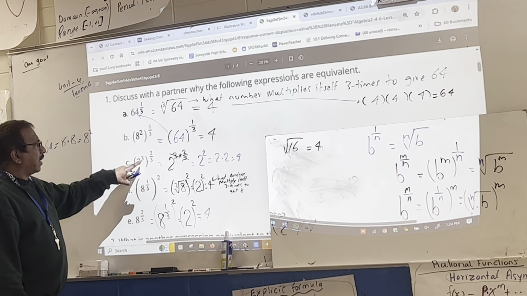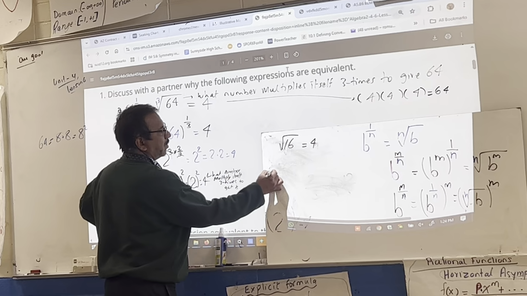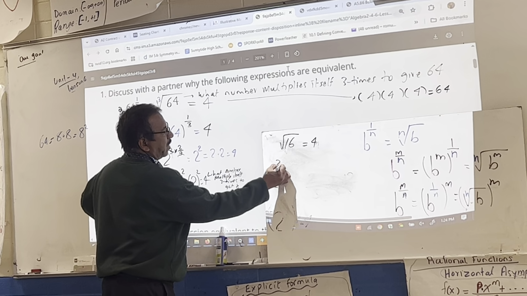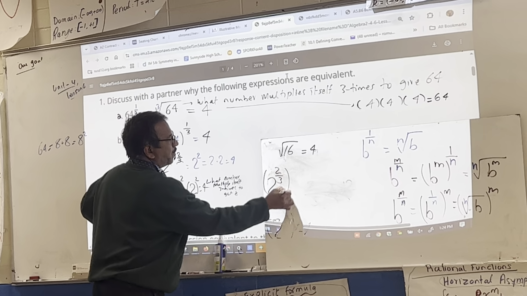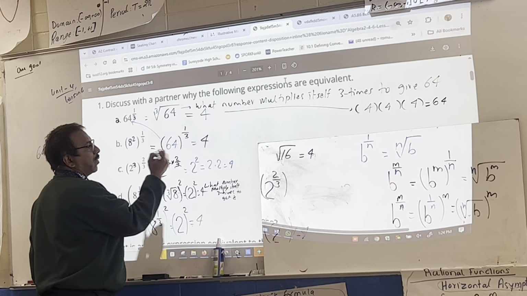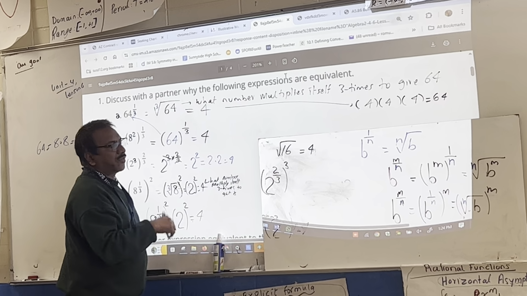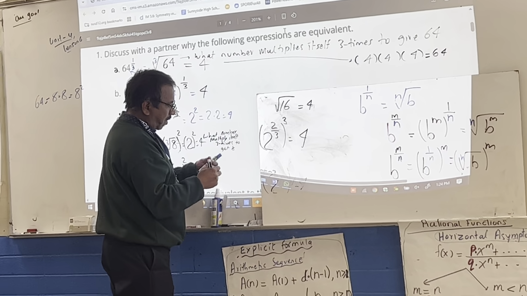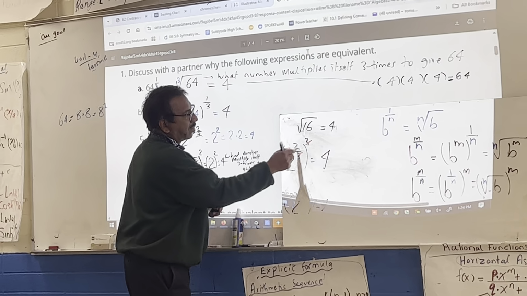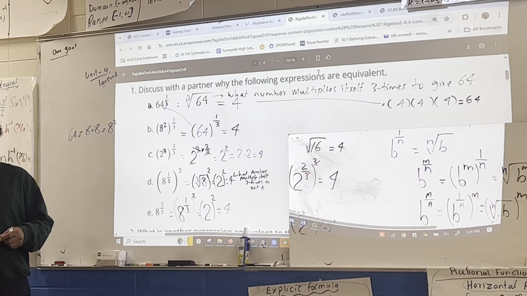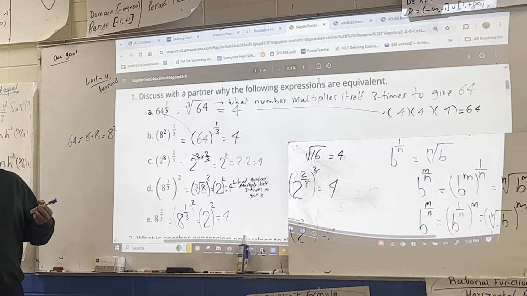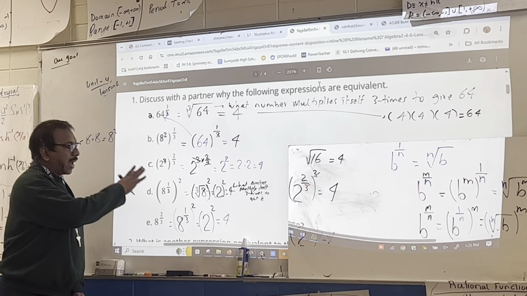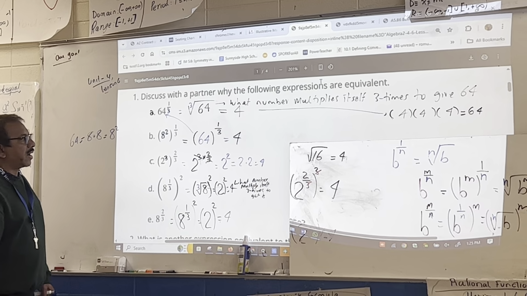You could also write 2 raised to 2/3 inside and put this 3 outside as a radical. That also will give you 4, because you can just cross out this 3 and done. So that takes care of this activity of understanding this radical part.